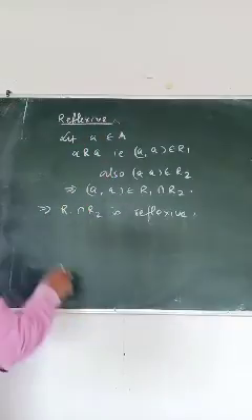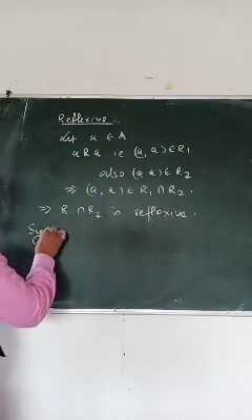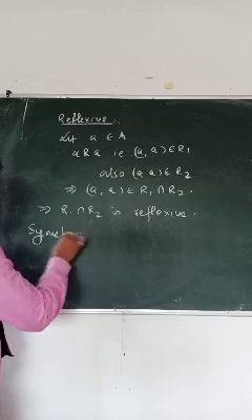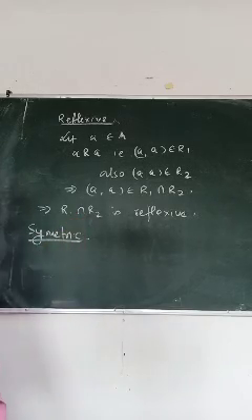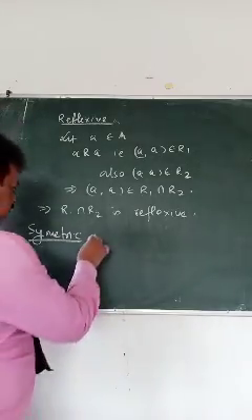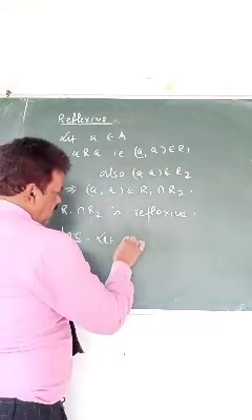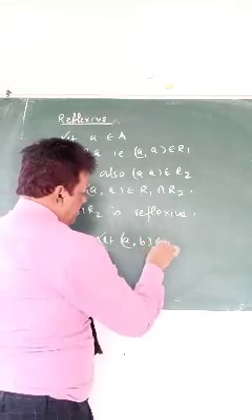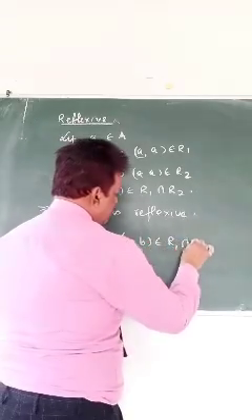Then let's see symmetric. For symmetric, what do you have to write? Let (a, b) belong to R1 intersection R2.